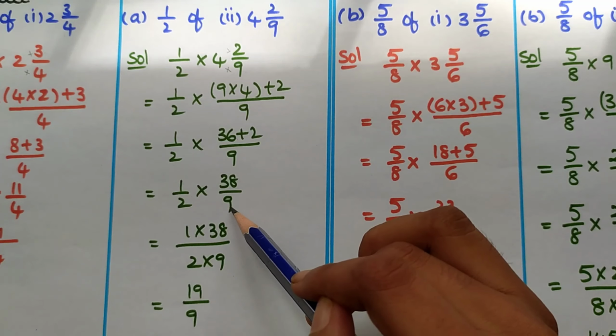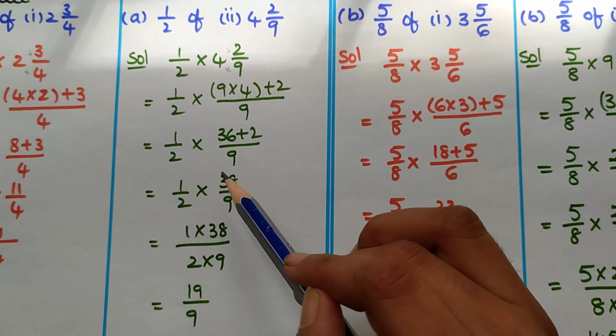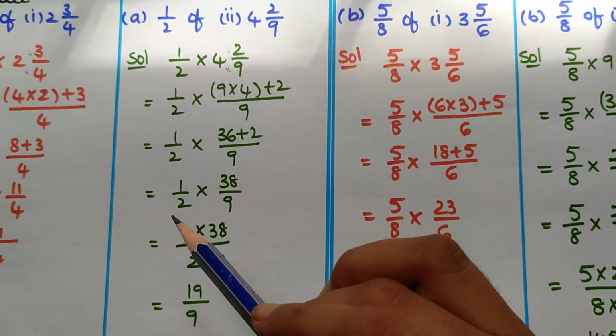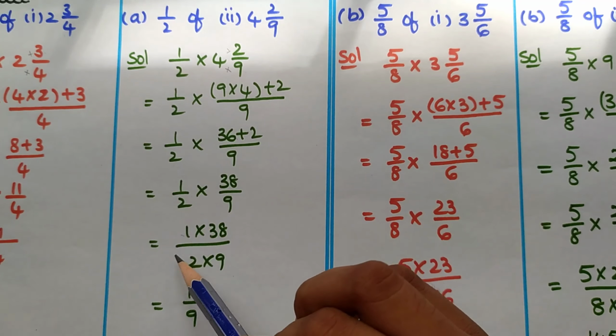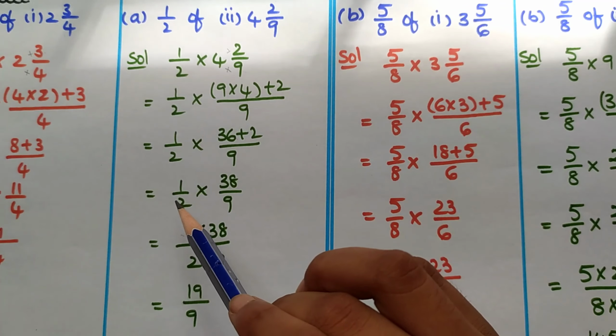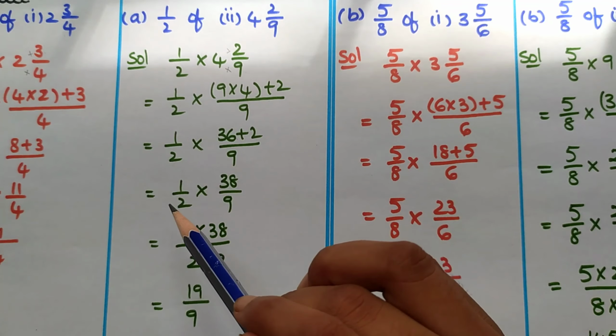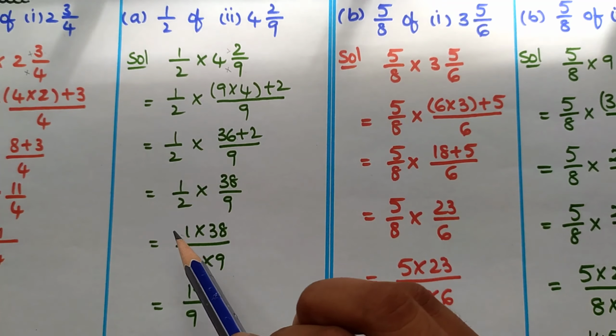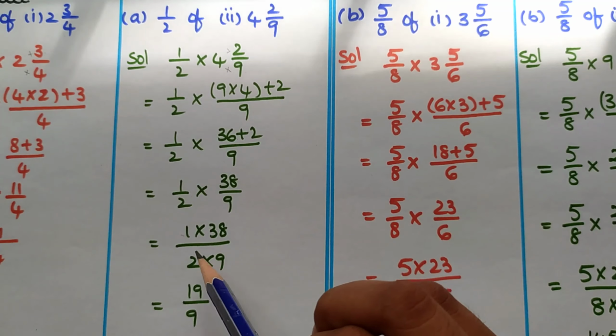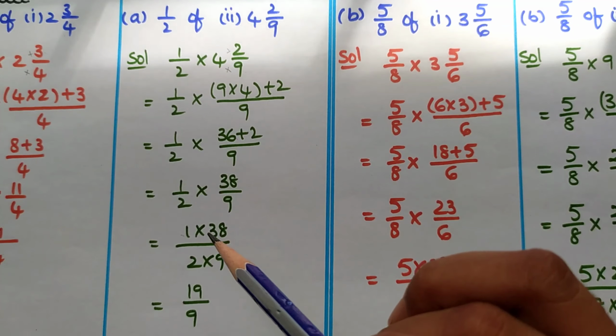Now let us multiply the numerators 1 and 38. It is 1 into 38 by denominators 2 and 9. It is 2 into 9. So 1 into 38 by 2 into 9.